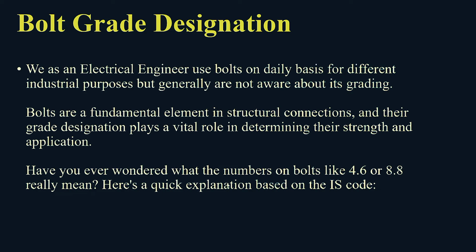Here is a quick explanation based on the IS code. Different bolts are used in different applications with respect to their strength or grading. We will describe how the grading is measured and what different grade bolts are used for different applications.